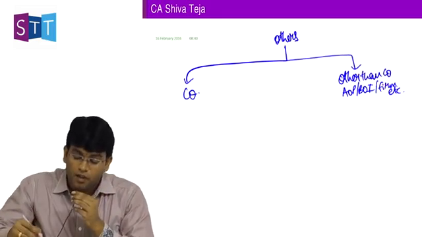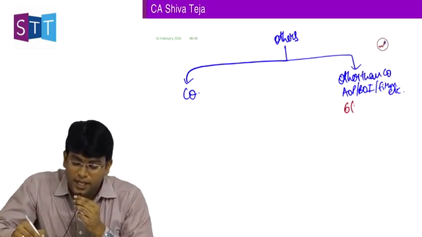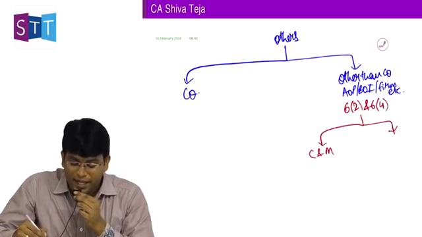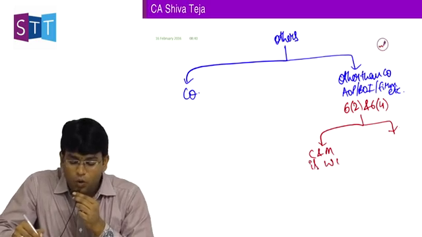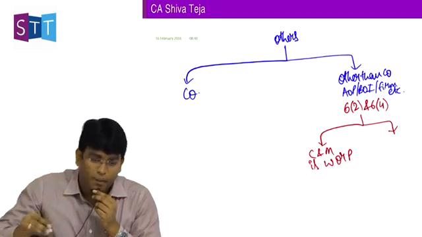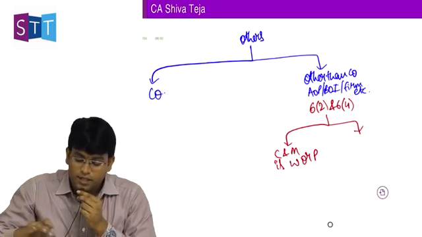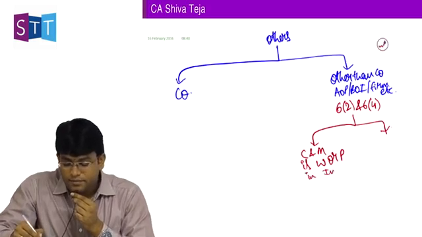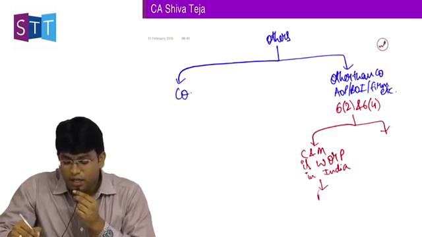Very simple chart, sir. For firm and AOP, the rules are given by section 6(2) and 6(4), which say only two lines. If the control and management is wholly or partly in India, we call it resident.